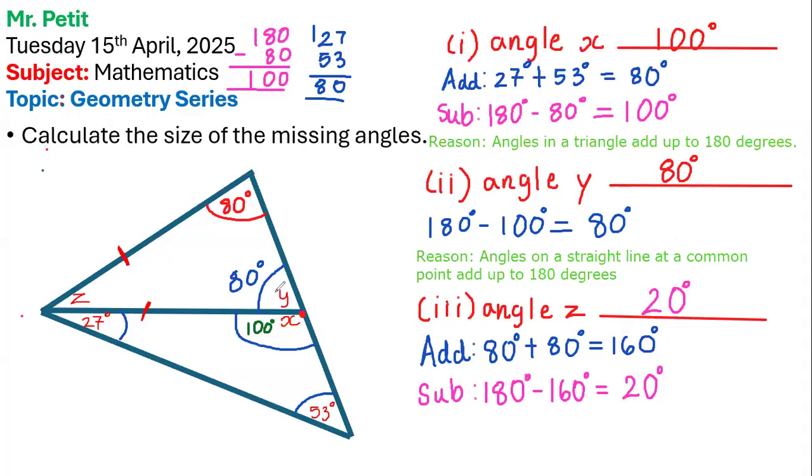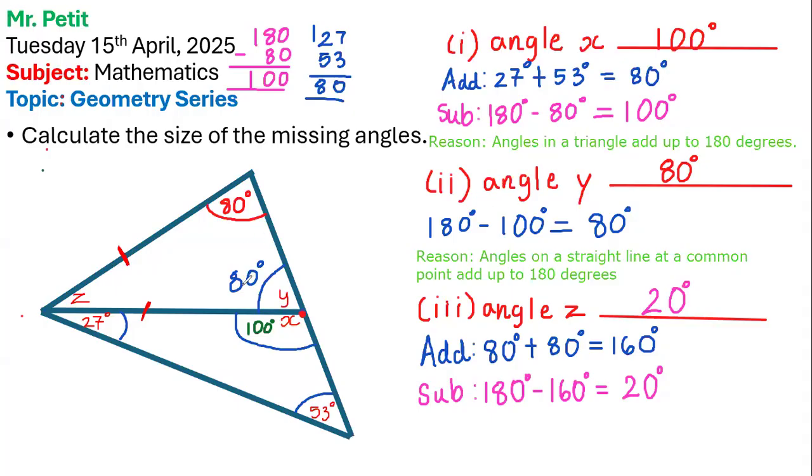So the first thing is, we know that this is 80. We got that from the previous question, right? But we also know that this line and this line are equal because of the dash, right? And so that means that this 80 and these two have to be equal, because remember this 80 was not here, so we had to figure out what this was going to be.